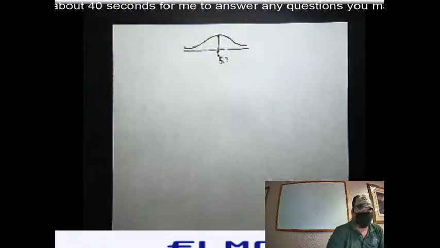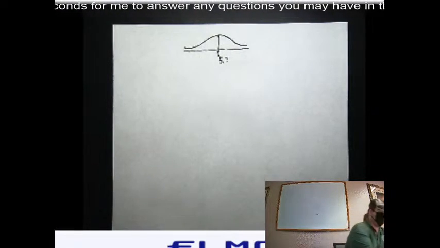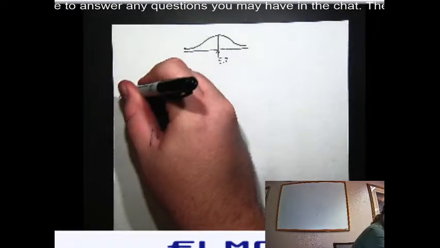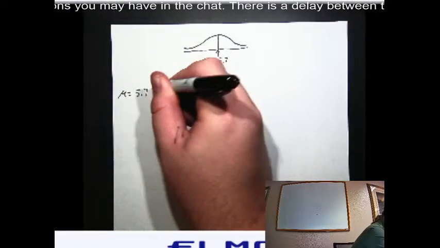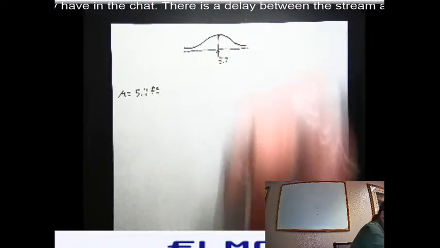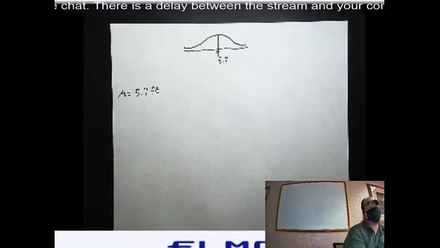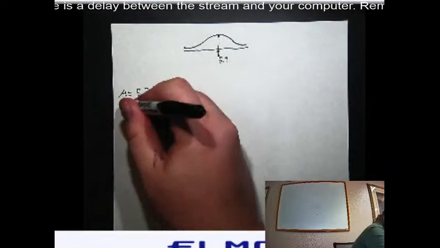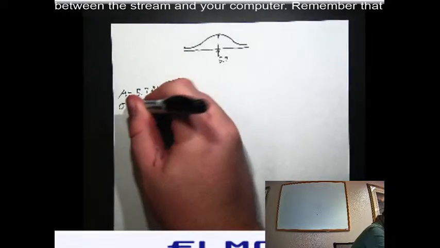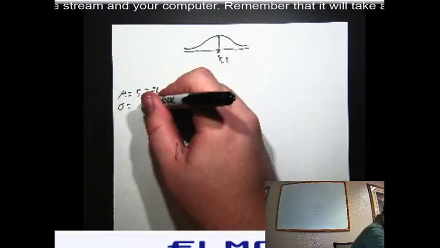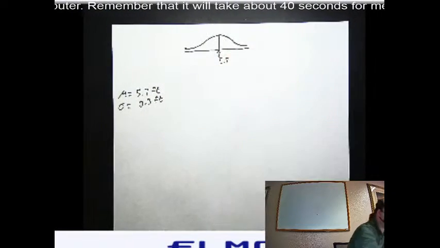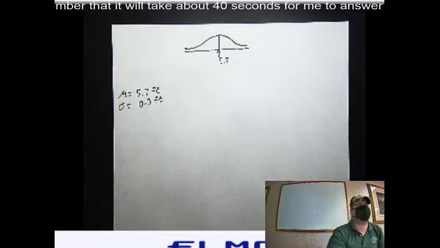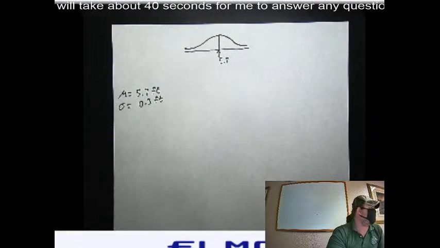All right. So again, the mean, or mu, is 5.7 feet. And then we also find that the standard deviation for our data is 0.3 feet. Okay?